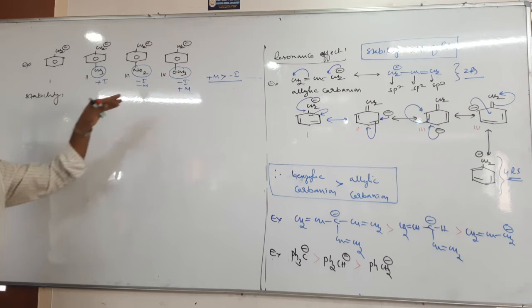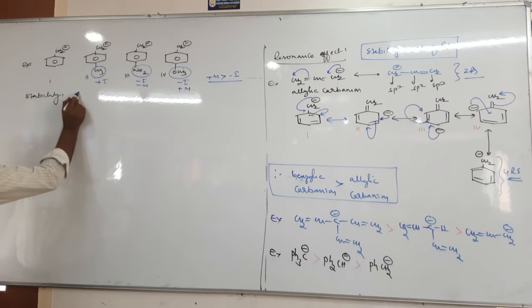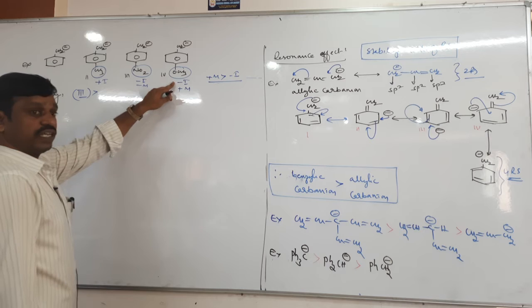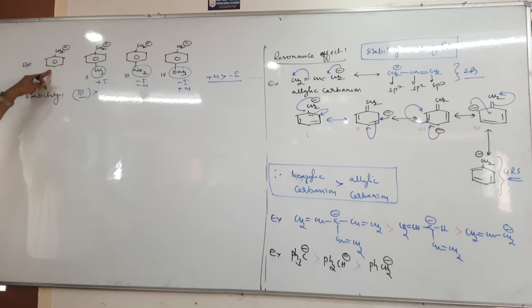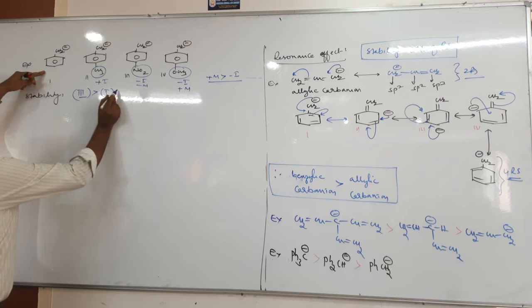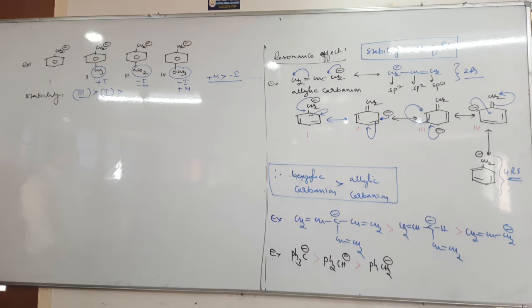Okay, so now tell me, we know that an electron withdrawing group increases the stability of carbanion. Which is more stable? Third is more stable, right? Because there is an electron withdrawing NO2. Next, the first has no releasing, no withdrawing. Therefore, the first one is more stable than the electron releasing ones.